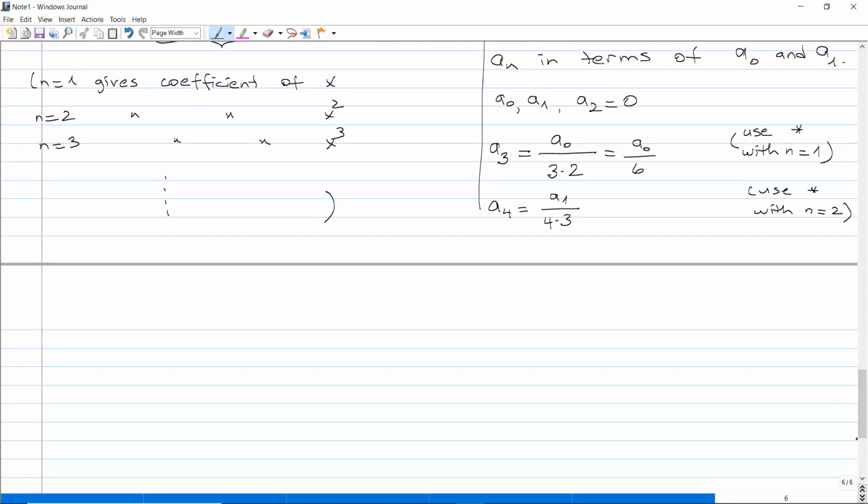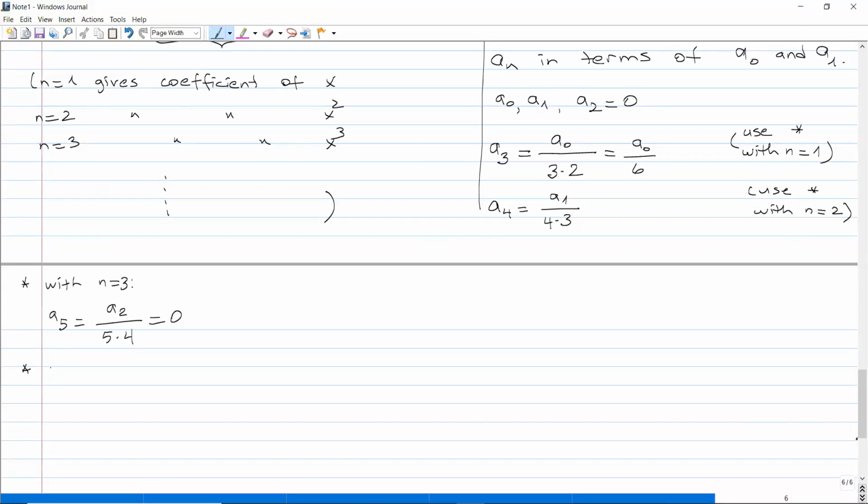Okay, so now we use star with n equals 3. So that gives us a5 equals a2 over 5 times 4. But remember, a2 is 0, so a5 is 0.